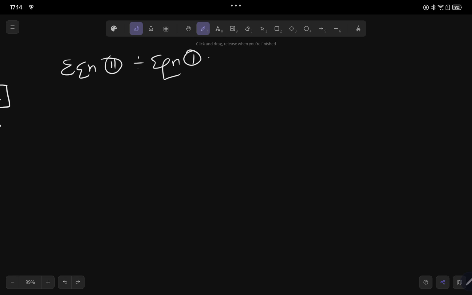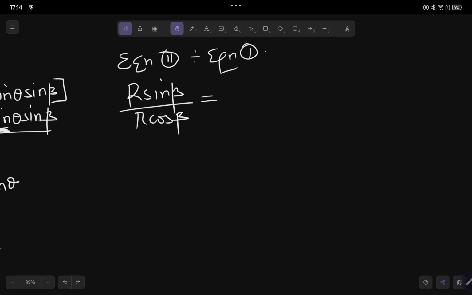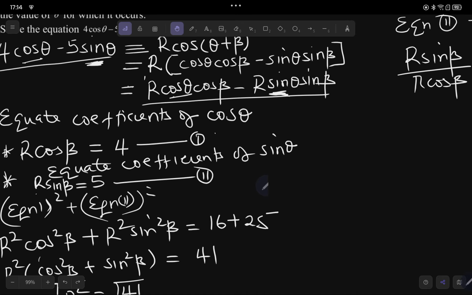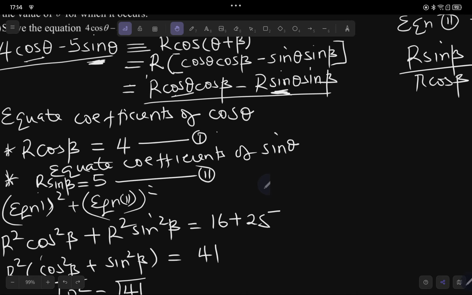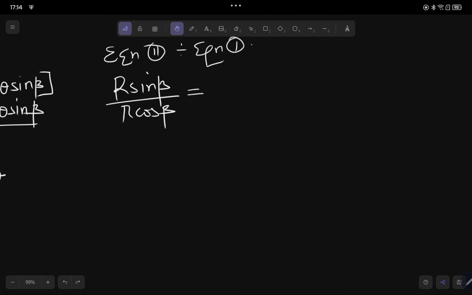If we do so, we shall get r sin beta over r cos beta is equal to 5 out of 4.